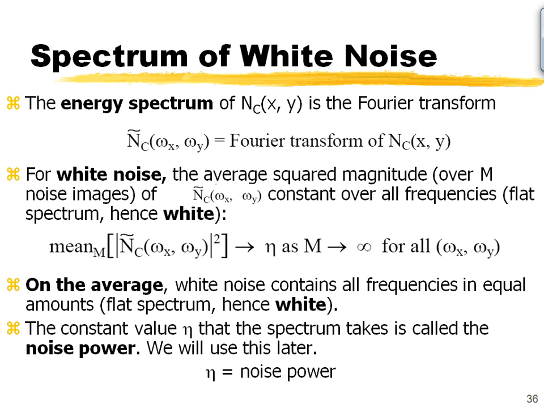So I have the same chance of drawing samples that represent high frequency variations as the chance of drawing samples that represent low frequency variations. And that's the reason why in the Fourier domain, the spectrum of it is going to vary a little bit, but the mean of that spectrum is going to be constant.